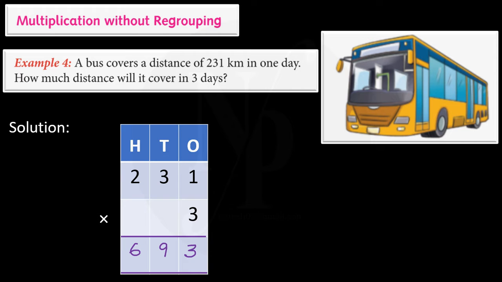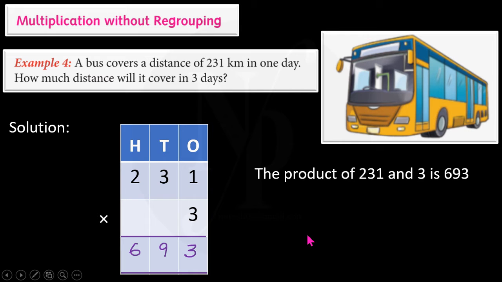693. So on multiplying 231 by 3, we get 693 as answer. So the product of 231 and 3 is 693.